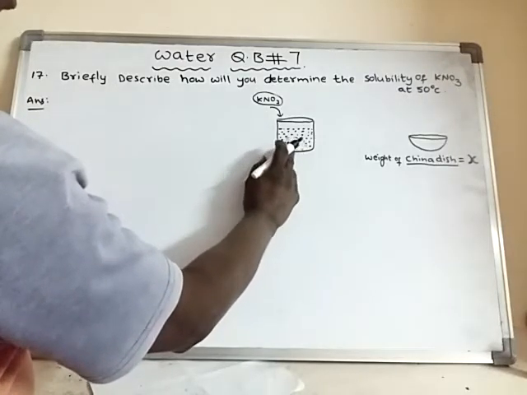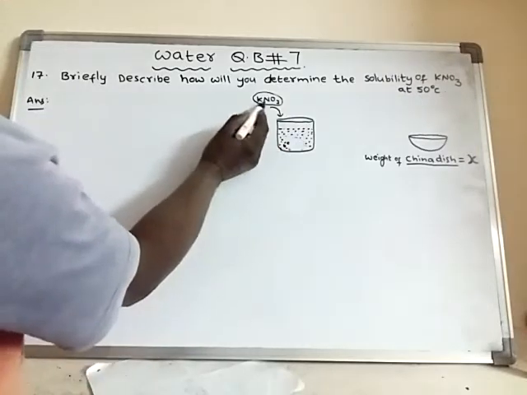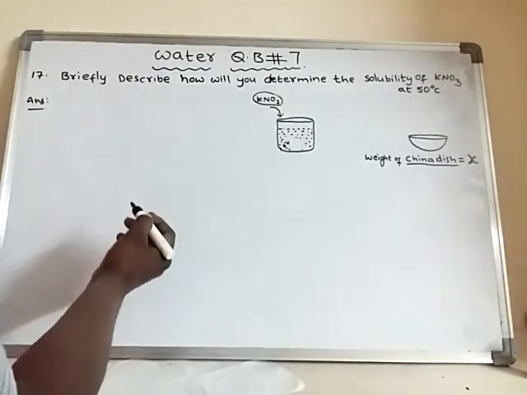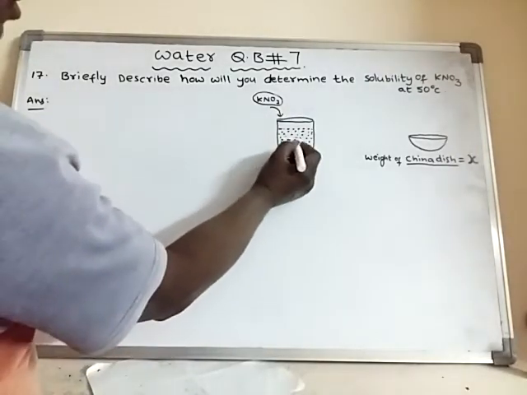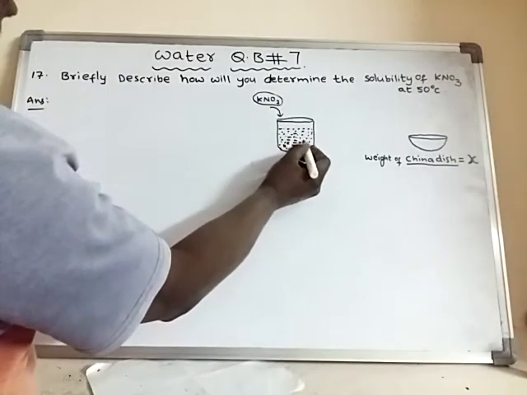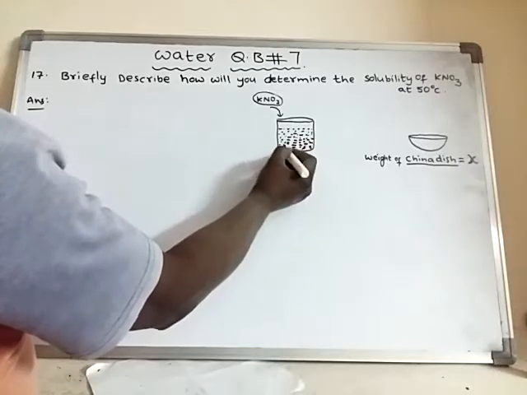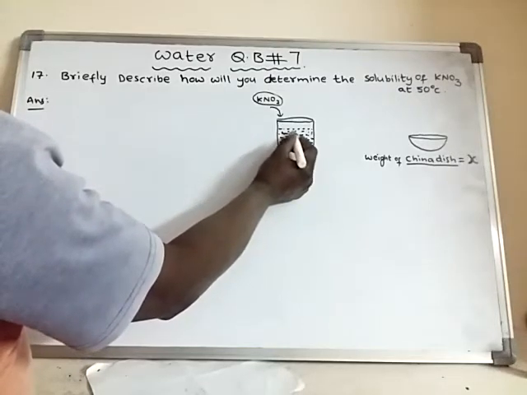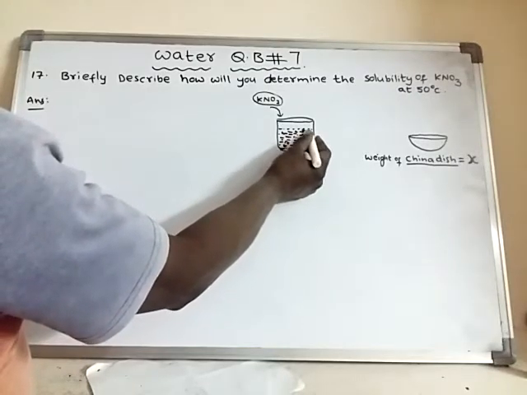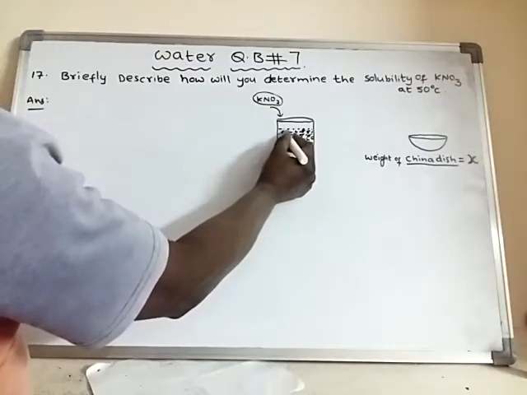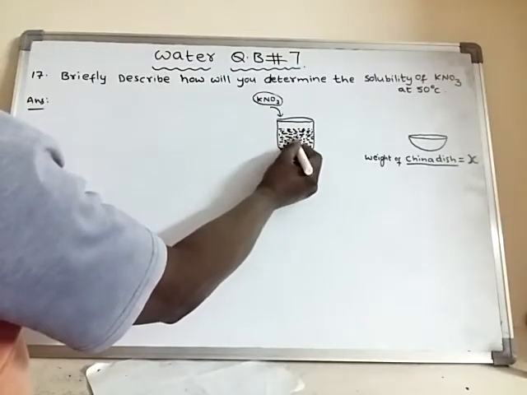Keep on adding potassium nitrate into the water until it becomes a saturated solution. So finally, we got a saturated solution of potassium nitrate.